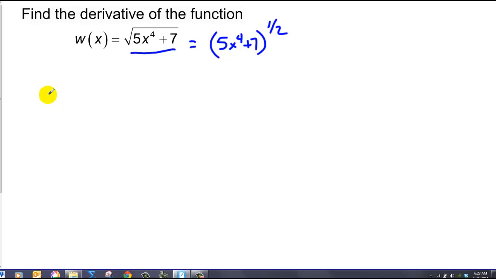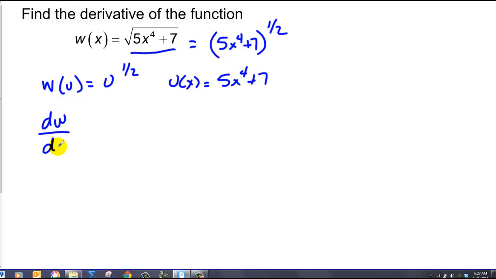So in this case, w of u is equal to u to the 1/2, and u of x is equal to 5x to the fourth plus 7. The derivative of w with respect to u is 1/2 u to the negative 1/2, and the derivative of u with respect to x is equal to 20x cubed.